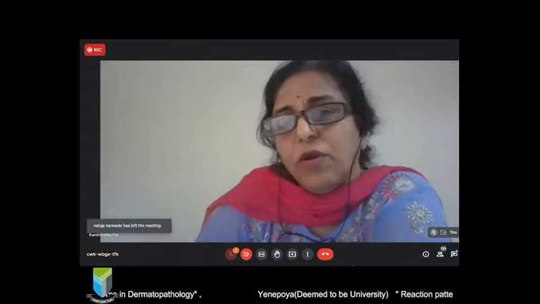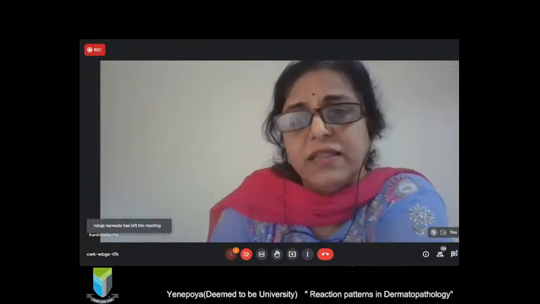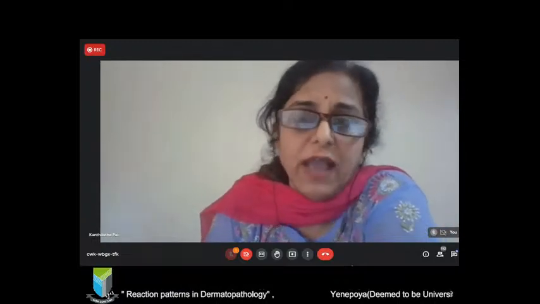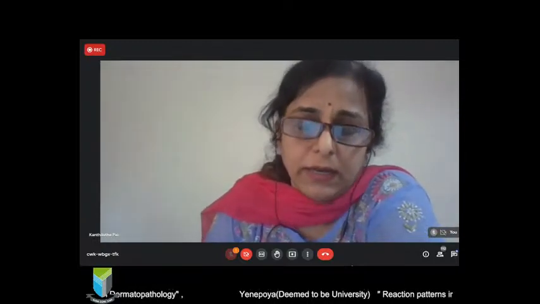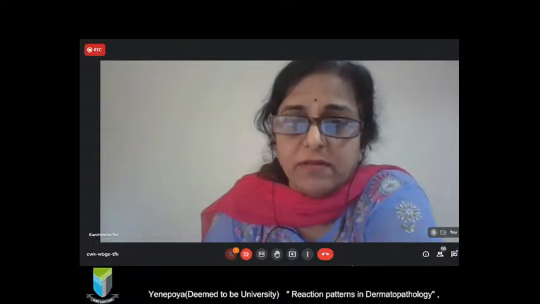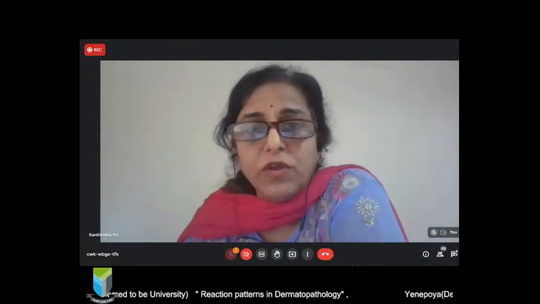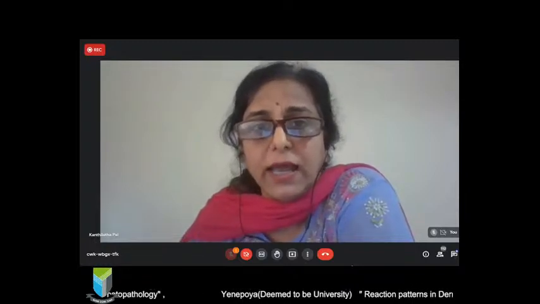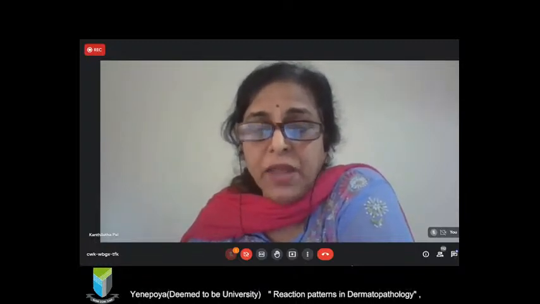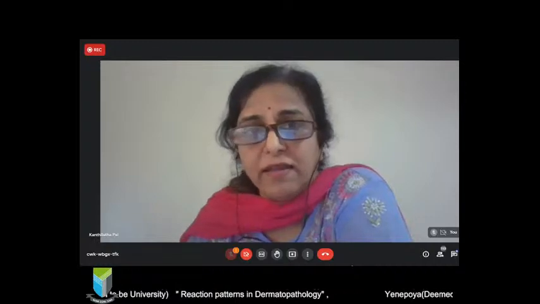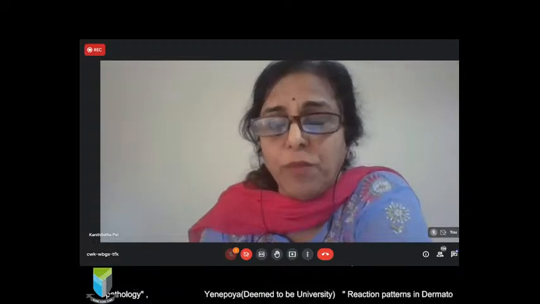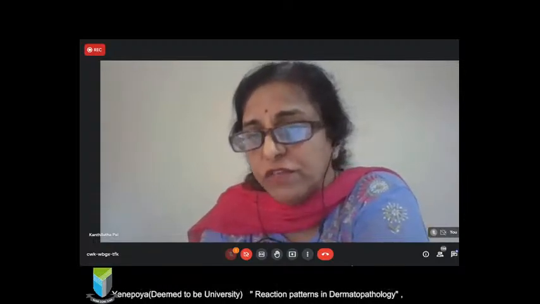Although lichen simplex chronicus is not a clinical differential, these are the histological differentials that we should consider when we have a case looking something like psoriasis. So when do you call it psoriasiform dermatitis? Here it almost looks like a regular acanthosis with elongated rete ridges. But why is it not psoriasis vulgaris? Because you see wet parakeratin, a lot of spongiosis, and a lot of eosinophils.